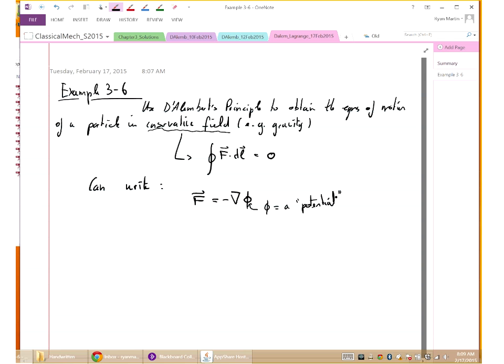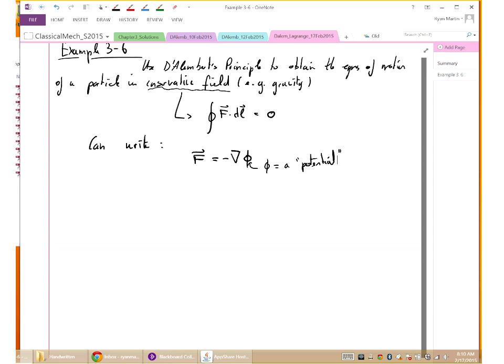So for example, if phi were gravity in one direction, then phi would be mgh, and the force of gravity would be minus d by dh of mgh, so it would be minus mg. Okay? So we know the force is given by the gradient of some potential function.